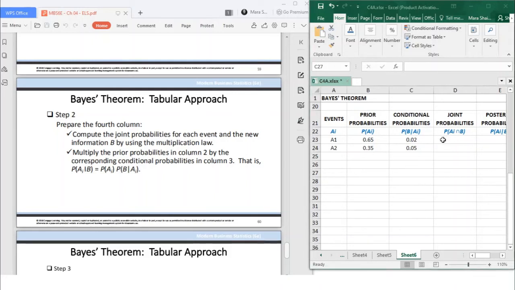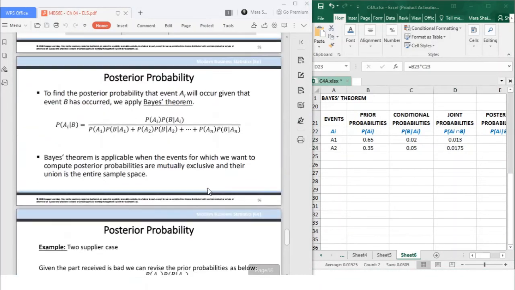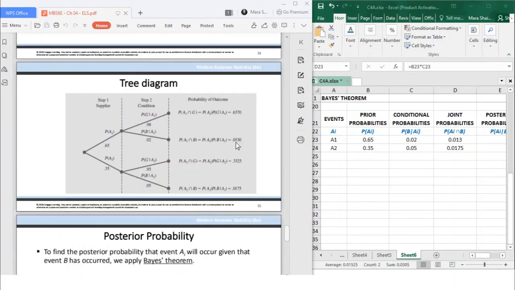So, 0.65 multiplied by 0.02. So you have 1.3%. Then for supplier 2 is 1.75%. If maka-remember mo, kana nga mga values, naa na siya sa atong tree diagram. Balik ta sa tree diagram. See? The joint probabilities are already here, 1.3% and 1.75%.